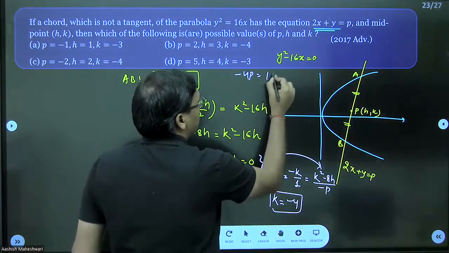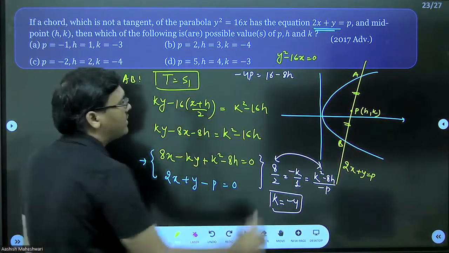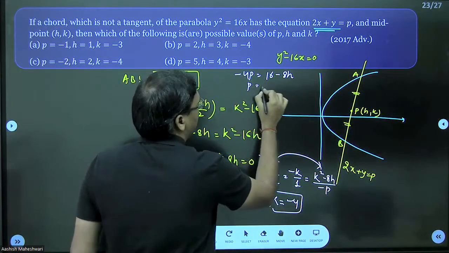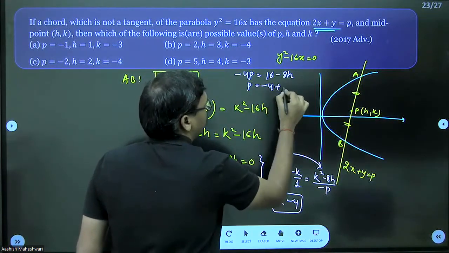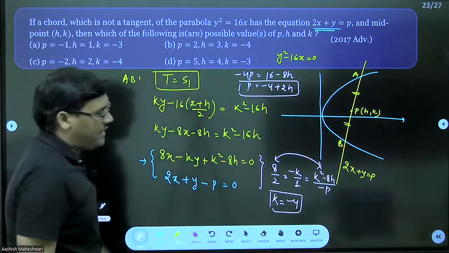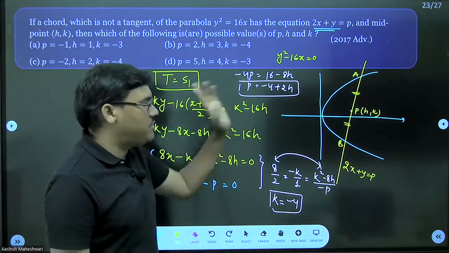What is k²? 16 - 8h. Or you can say, cancel the factor of 4, this is p is equal to -4 + 2h.